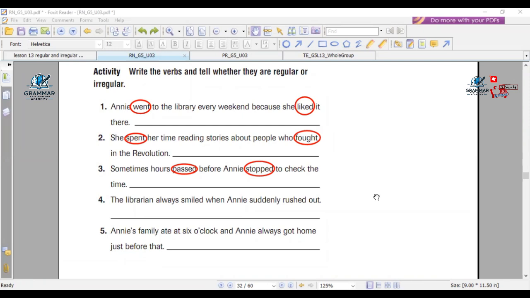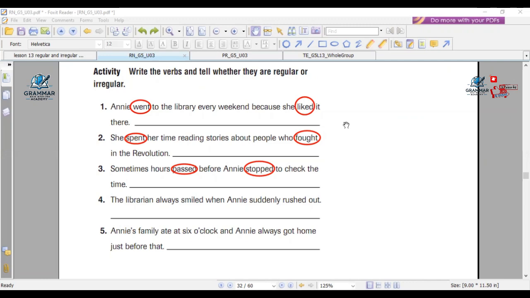Okay, Ibrahim Wasim, number 4. Yes, Mister, I have a question, but I'll ask after I finish answering. Okay, number 4. The librarian always smiled when any student suddenly reached out.